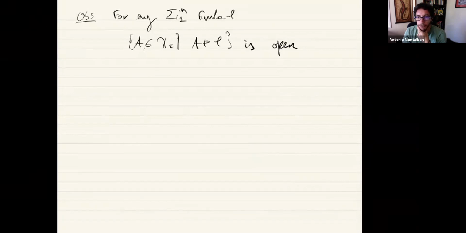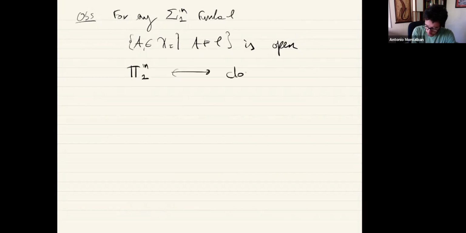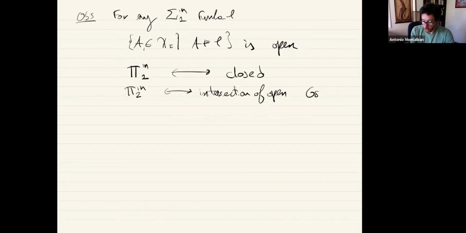And then infinitary pi 1 corresponds to closed, because it's the complement of open. And then infinitary pi 2 is an intersection of open sets, because it's an intersection of sigma 1. So this is what is called a G delta set, essentially, or level 2 in the Borel hierarchy.